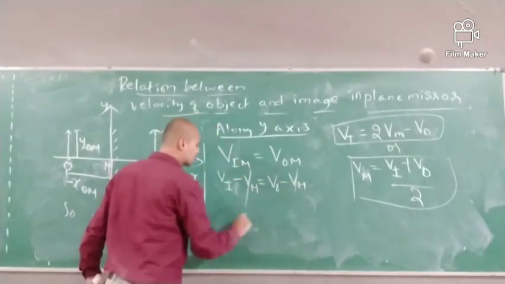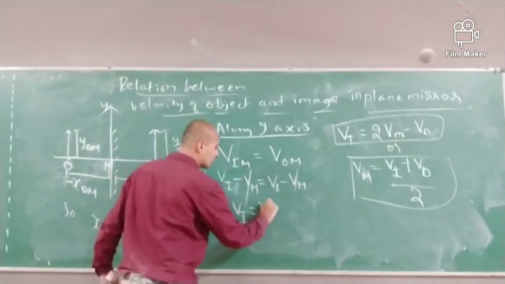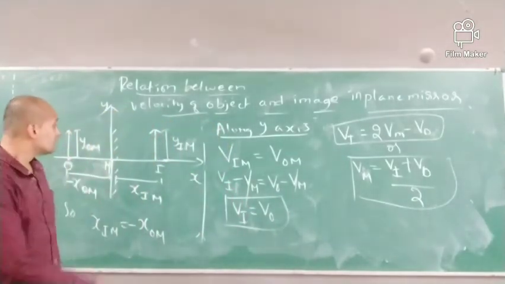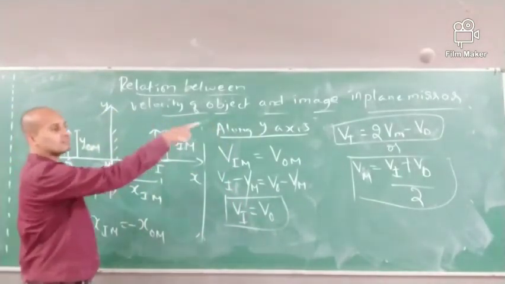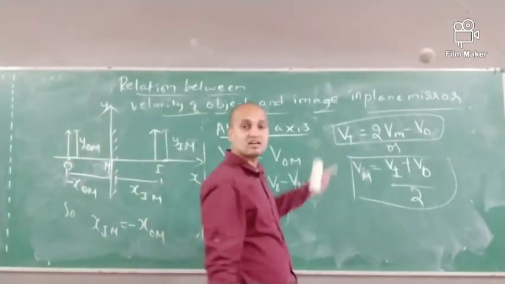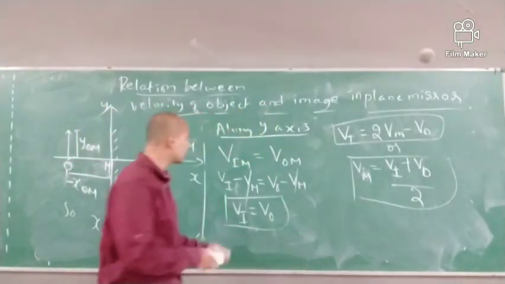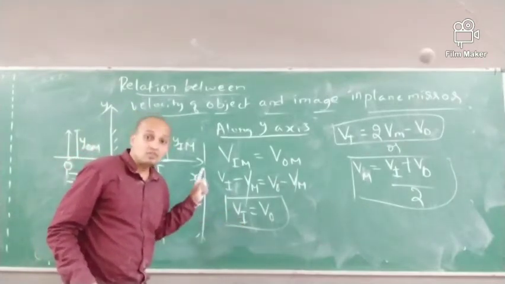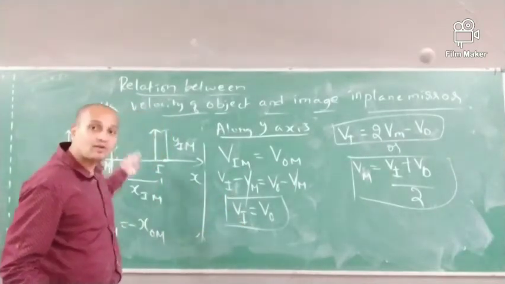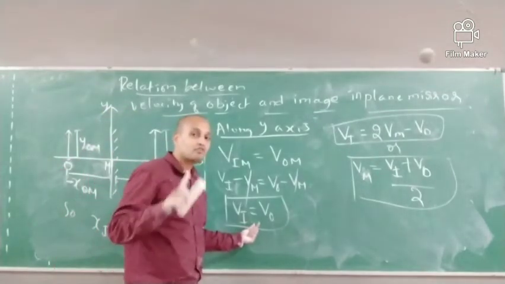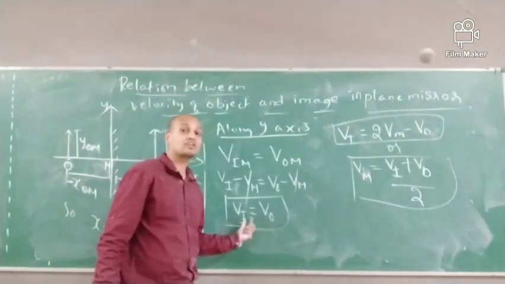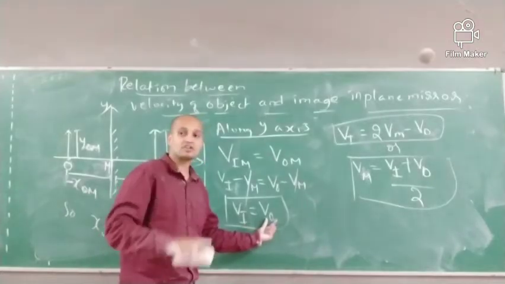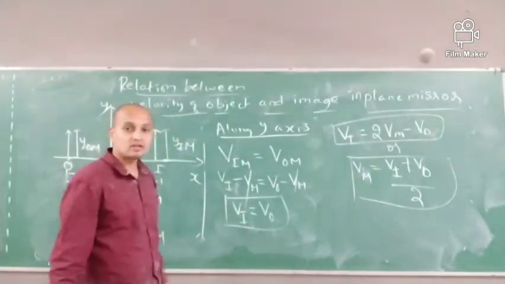So VM gets cancelled. Along y-axis, velocity of image will be equal to velocity of object. So only along x-axis some different result is going to come. Along y-axis, even though the mirror is moving with a particular velocity, the velocity of mirror will not affect the velocity of image. Velocity of image only depends on velocity of object in the y-axis.